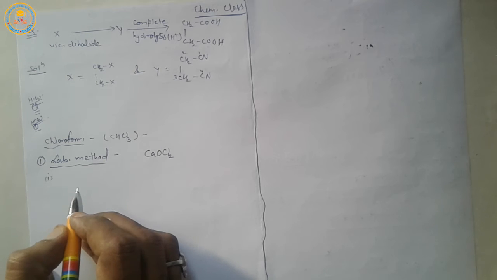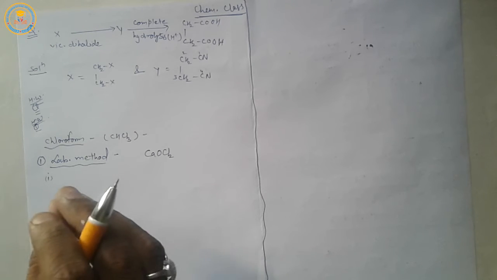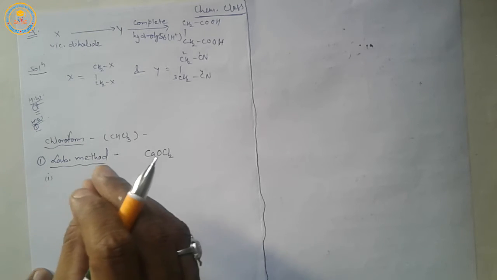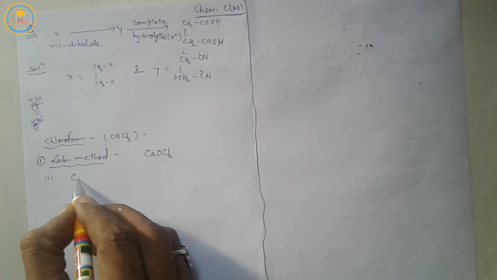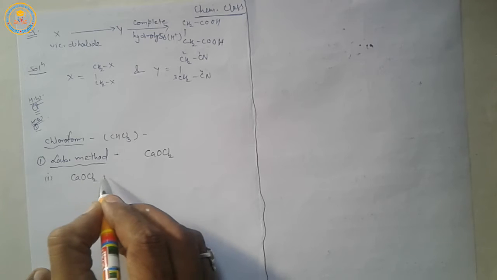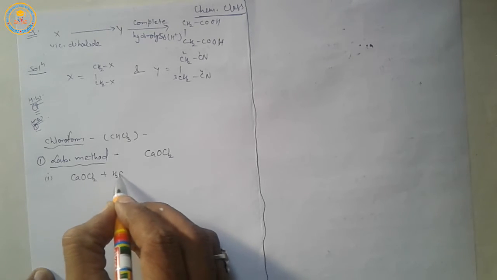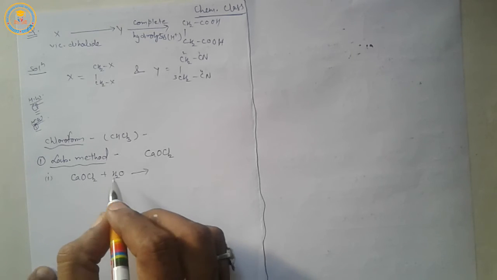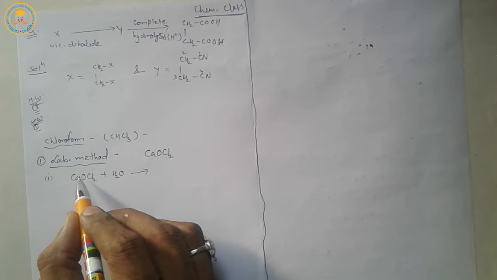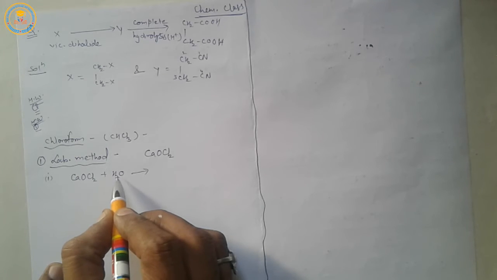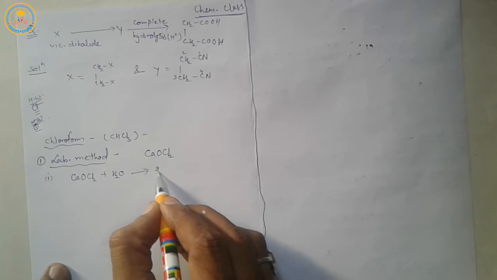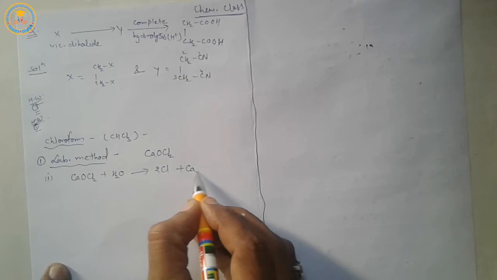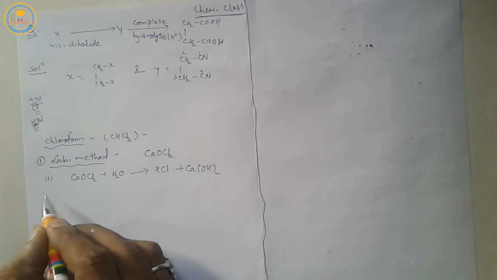It is completed in the following steps. Step one: bleaching powder reacts with water and gives nascent chlorine and calcium hydroxide.